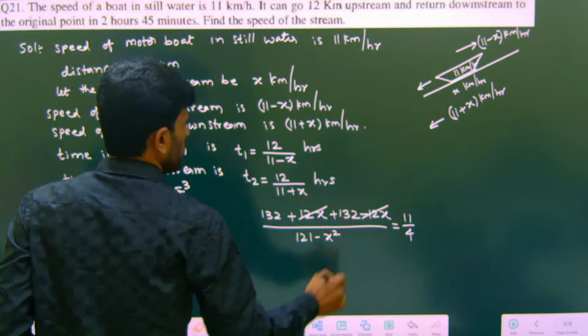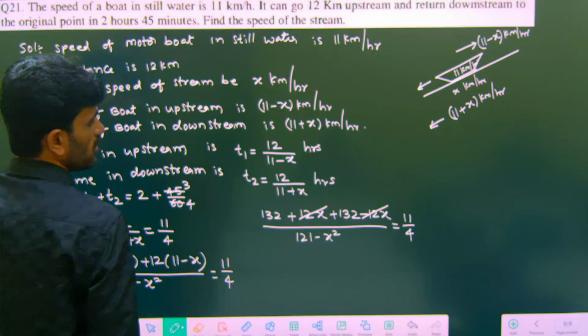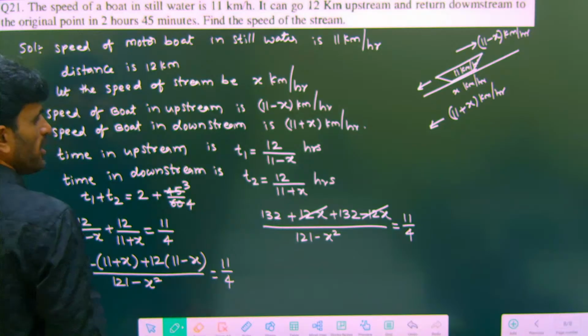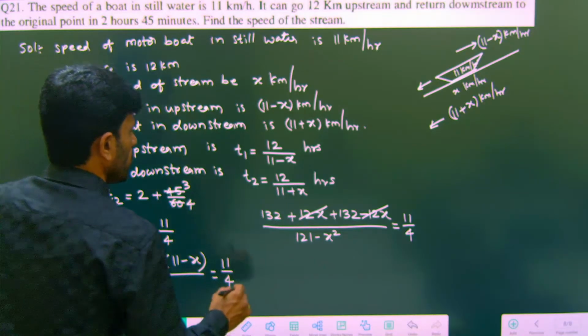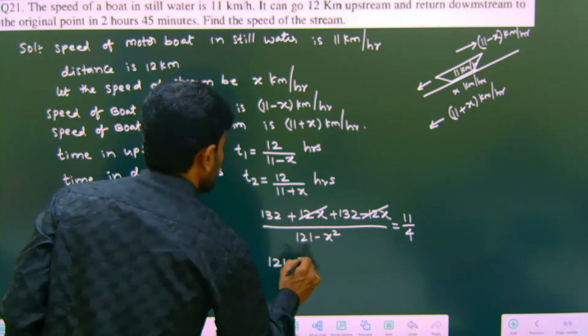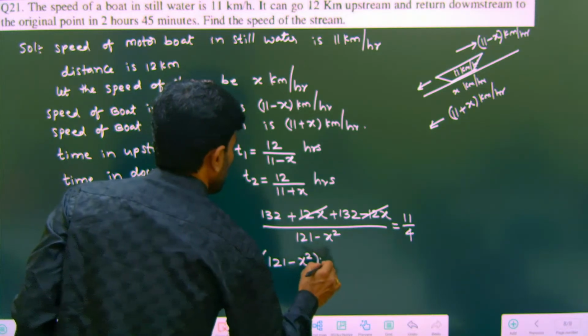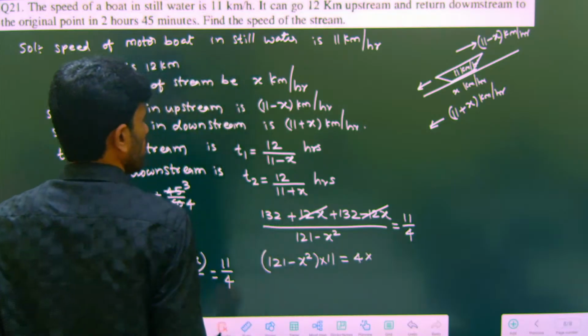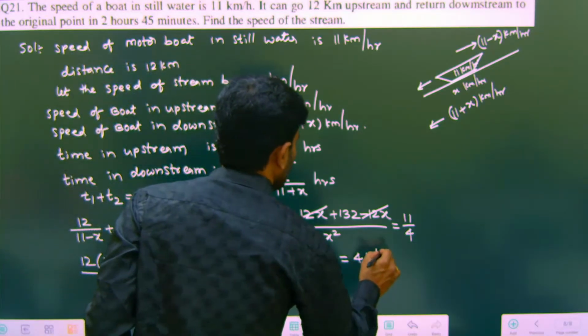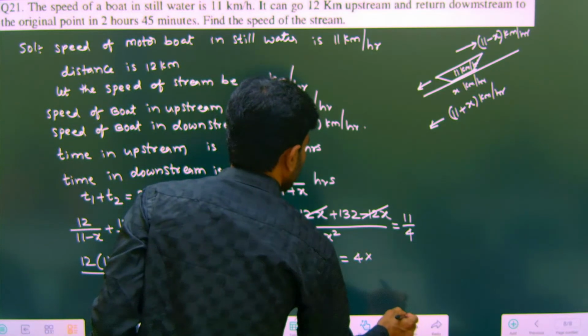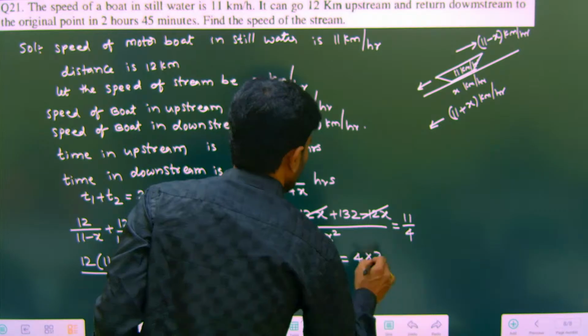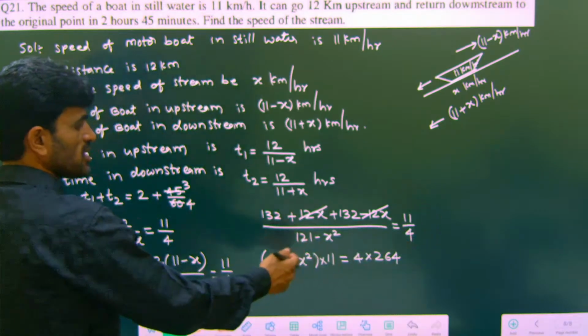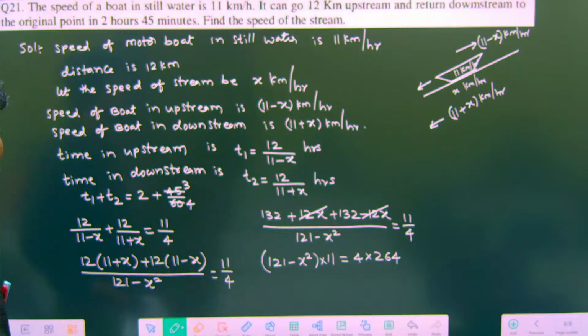Plus 12x minus 12x will be cancelled. Remaining, what is left over? 264 by 121 minus x square is equal to 11 by 4, so 121 minus x square into 11 is equal to 4 into 264. Transpose 11 also, that's it, because 264 is divisible by 11.